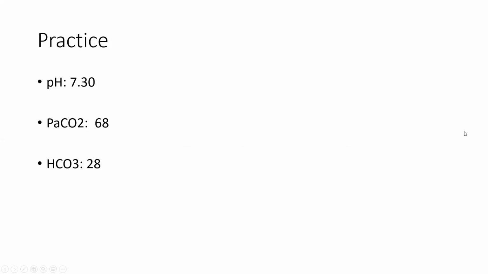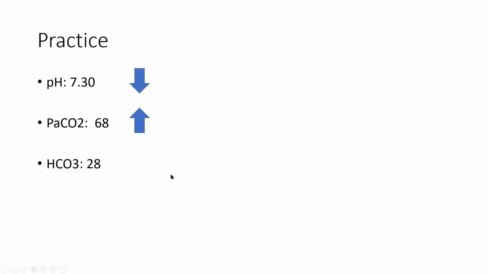So let's try a couple here. So we have a pH of 7.30, a PaCO2 of 68, and an HCO3 or bicarbonate of 28. So let's take a look at this. Our pH is 7.3, which is low. We have a CO2, which is what we expect, high, and we have a normal HCO3, because 21 to 28 is considered normal.